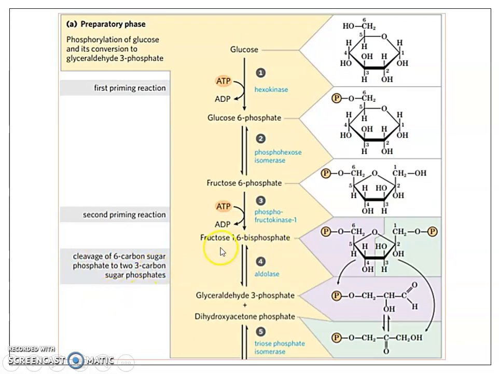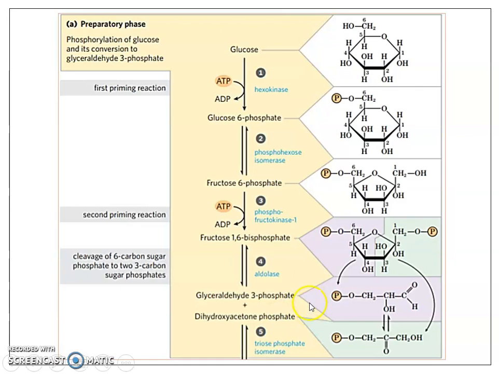So what has happened? The fructose 1,6-bisphosphate is being cleaved to produce 3 carbon phosphorylated sugars, and these are glyceraldehyde 3-phosphate and dihydroxyacetone phosphate.